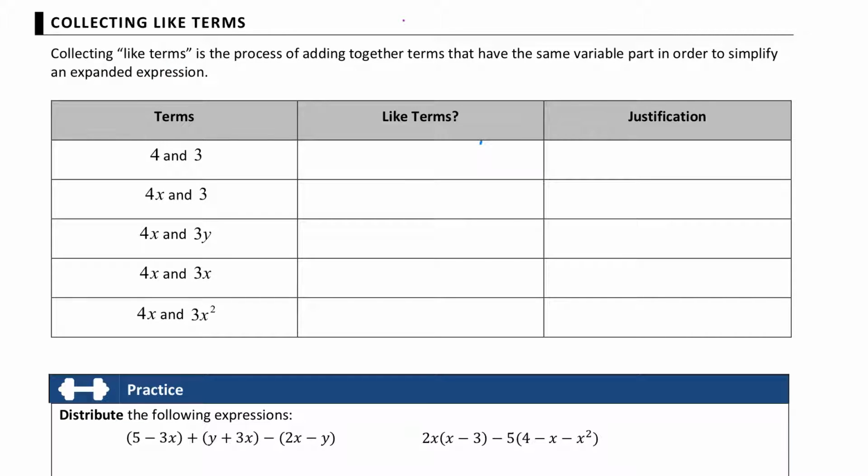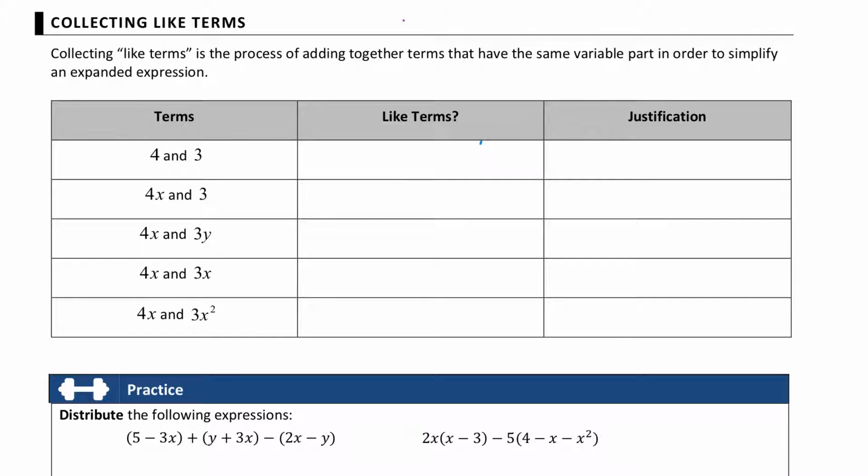So, for example, the first one over here, terms 4 and 3, are they like terms or are they not? So when we want to figure this out, first thing we do is we kind of look to see if they have the same variable types or constant types. So in this case, these two are both constants and they have no variables attached to them.